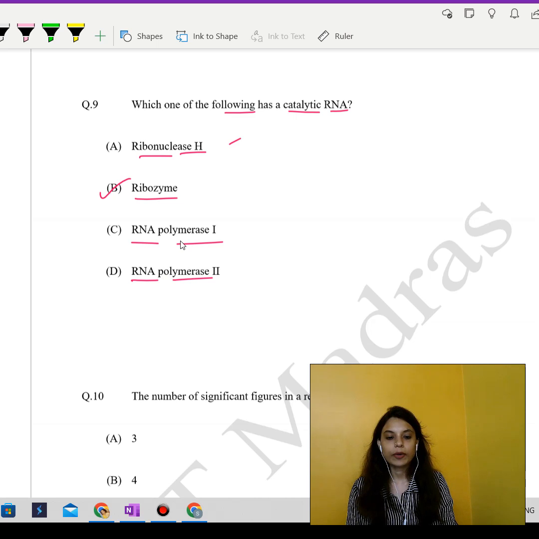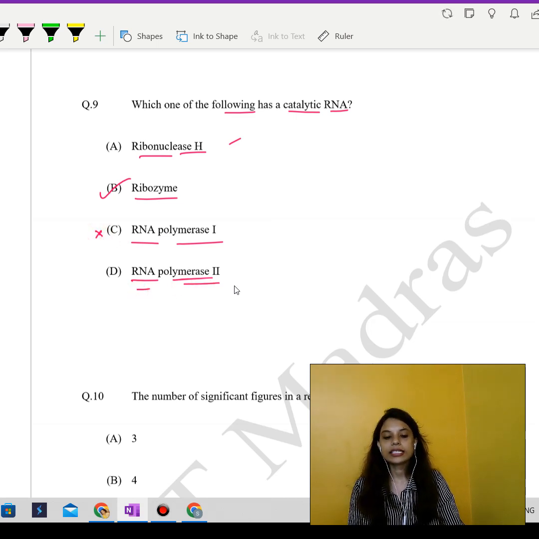Next is RNA polymerase 1. This is an enzyme that transcribes the rRNA, that is the ribosomal RNA, genes into RNA. While the ribosomal RNA is involved in protein synthesis, it doesn't have catalytic activity itself. Hence, this will also not go. Coming to RNA polymerase 2.